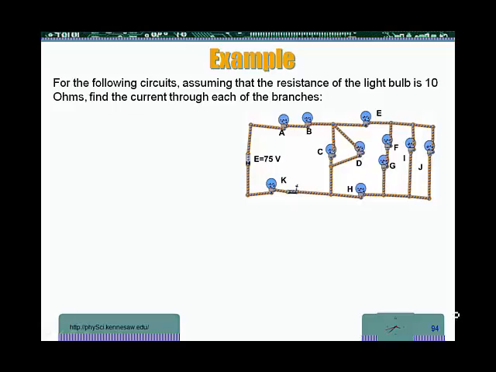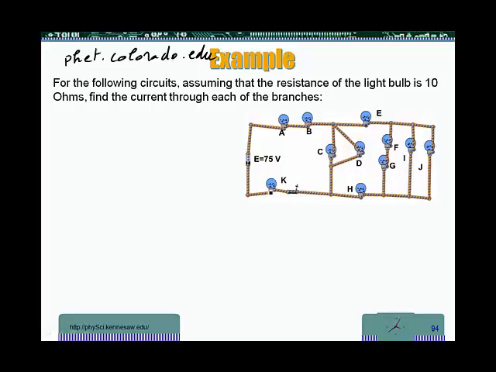For this circuit here, I would advise you to build it up with the circuit builder at PhET, the website is going to be phet.colorado.edu, and look under simulations for circuit builder.